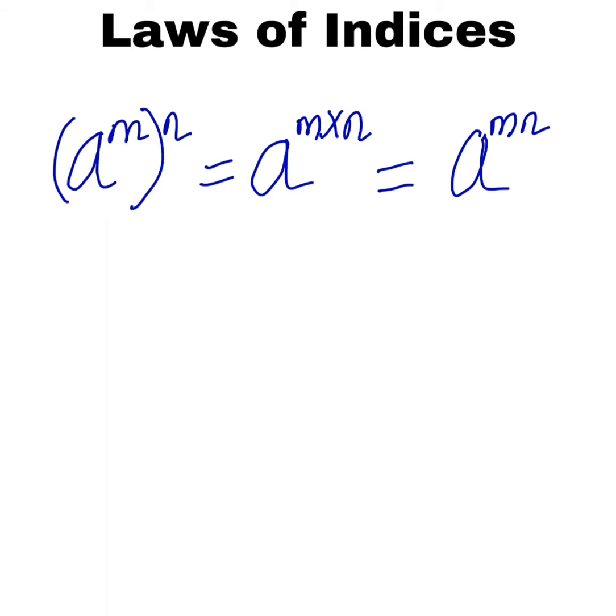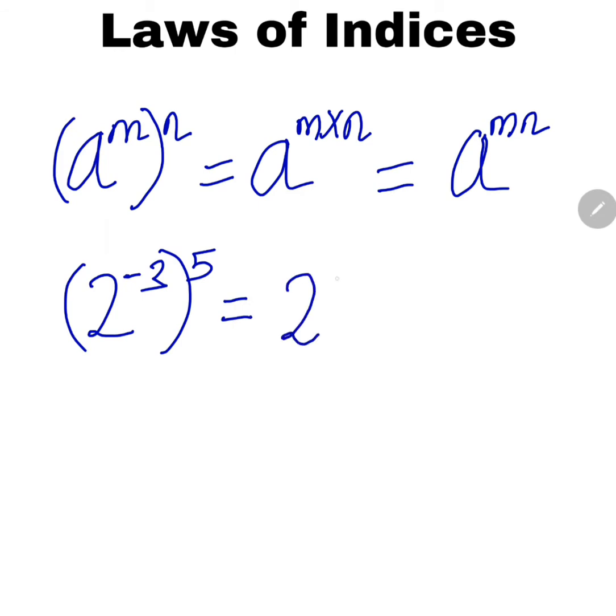Let's take an example. If you are asked to simplify 2 to the power -3 all raised to the power 5, what you will simply do is you write the 2, then you multiply the powers, because the law states that you do m multiplied by n.